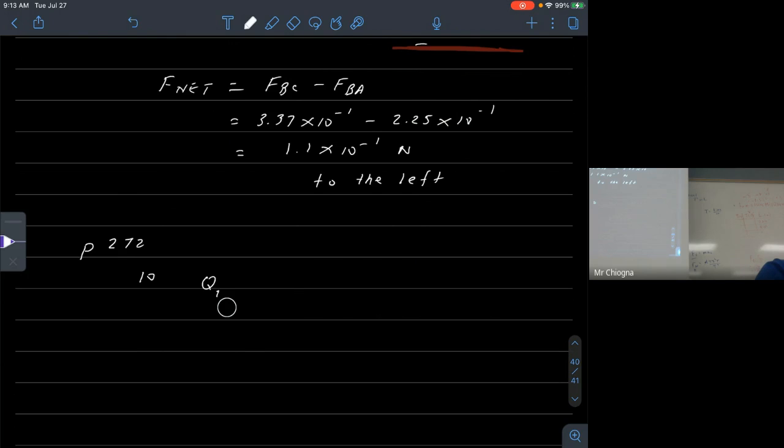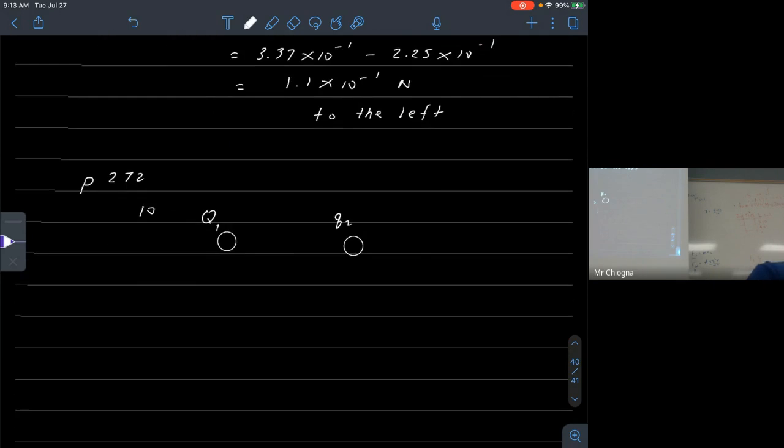I'm going to call these Q1, Q2. I'm going to use a lowercase here. You don't have to, but that's your second charge. And then your third charge is somewhere here. That's your Q3. Actually, capital.